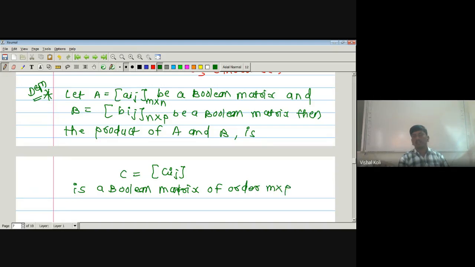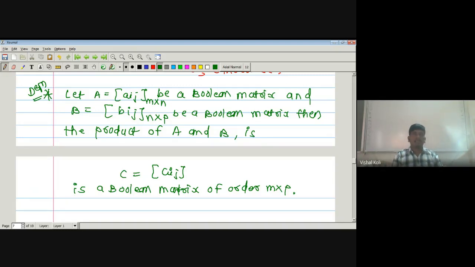m cross P. Okay, so if A and B are any two Boolean matrices of order m cross n and n cross P, since for product of any two matrices, the number of columns in the first matrix are equal to the number of rows in the second matrix.